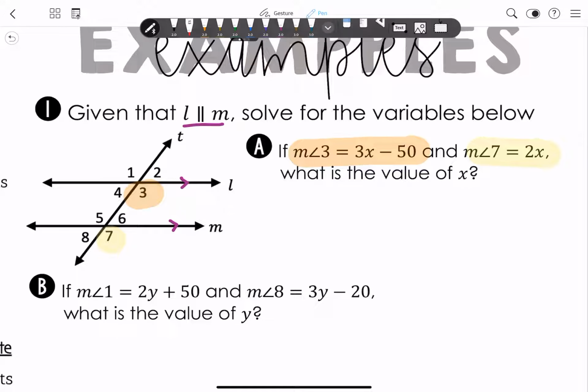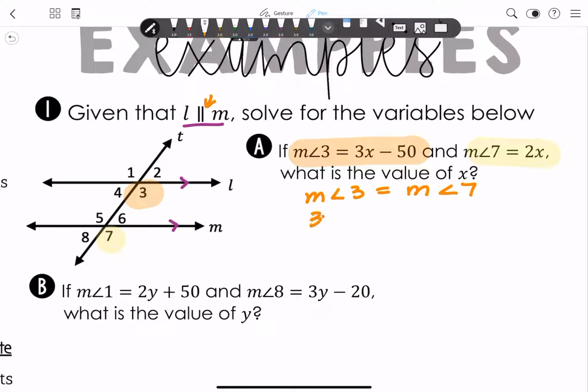Well, first you have to think about what kind of relationship they have, and these are corresponding angles, which means we can go ahead and do our copy-paste since both of these lines are parallel. And because they're parallel, we can set the measure of angle 3 equal to the measure of angle 7.